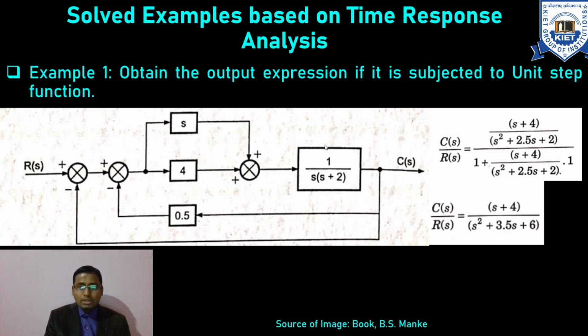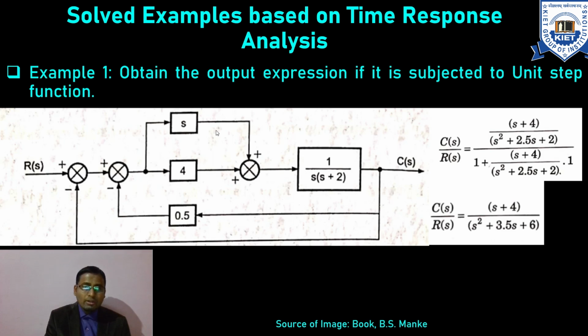Now first, in this diagram we see that the block having 4 and the block having s are in parallel, so both will add up, and after adding we will get s plus 4.